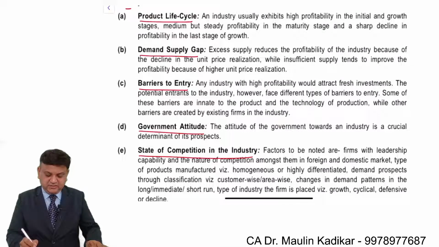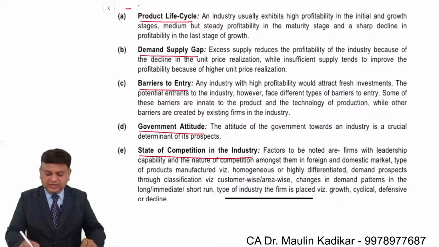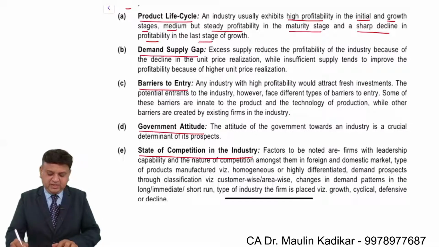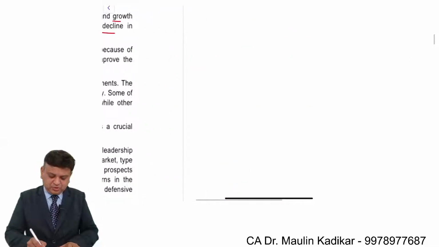Product life cycle. An industry usually exhibits high profitability in the initial and growth stage, medium but steady profitability in the maturity stage, and a sharp decline in profitability in the last stage.